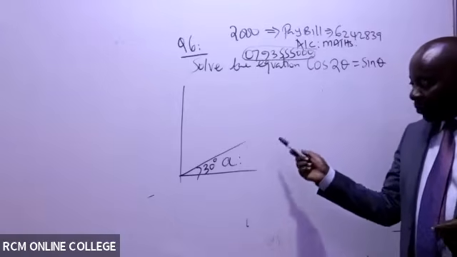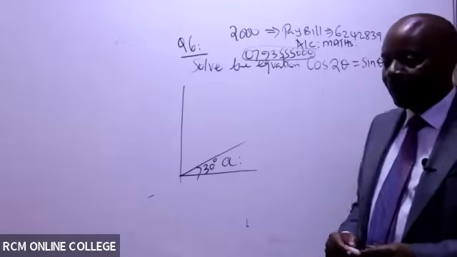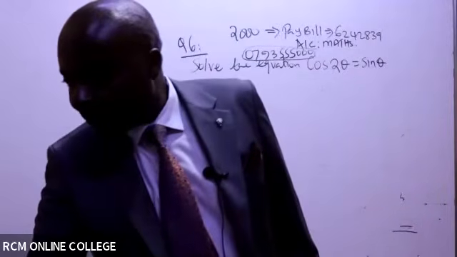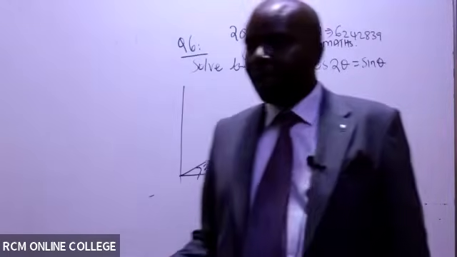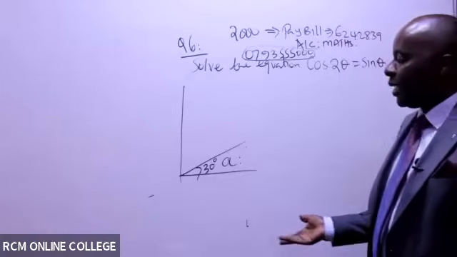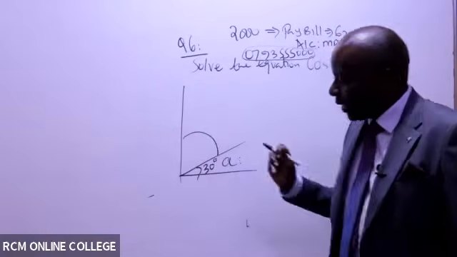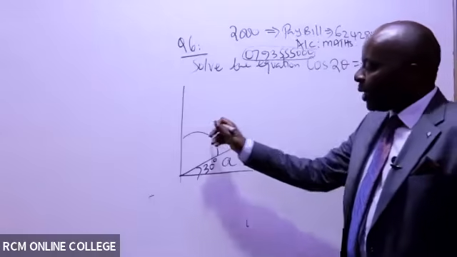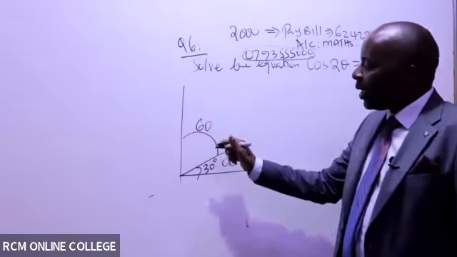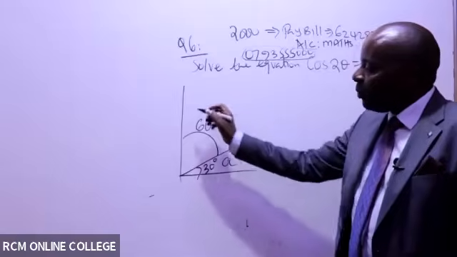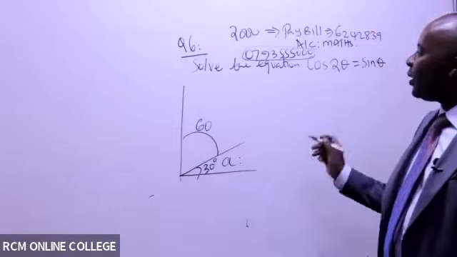Can somebody give me the complement of this angle A? 60, isn't it? Because you're looking at the other angle that completes this to 90. So 60 plus this 30 will be a complete right angle.